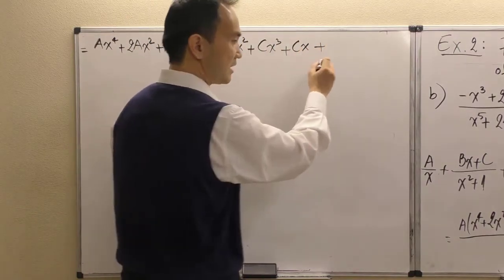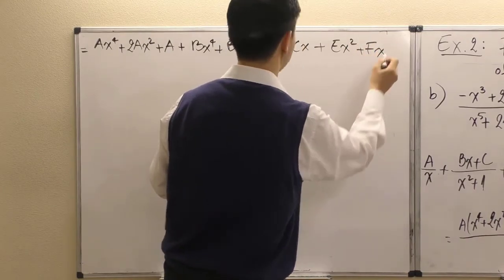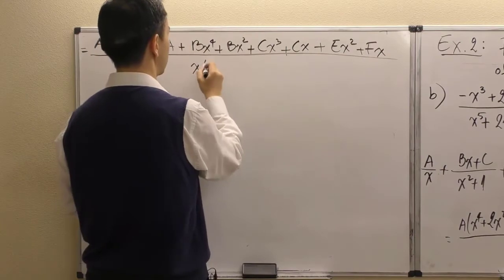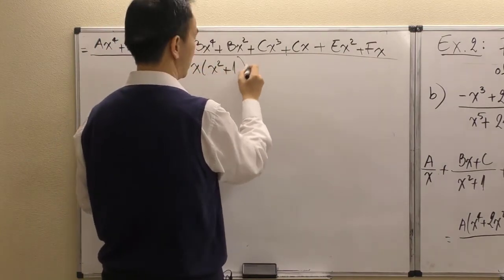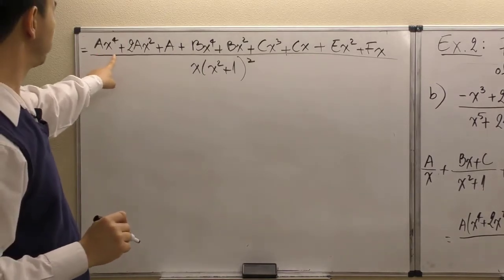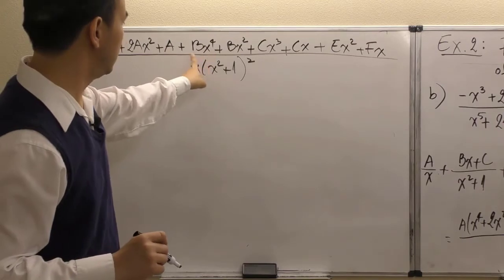Okay, and then add with ex squared plus fx. And all of that there needs to be divided by x times x squared plus 1 squared. Okay, and again, let me quickly double check my work right here. Okay, and all that there.